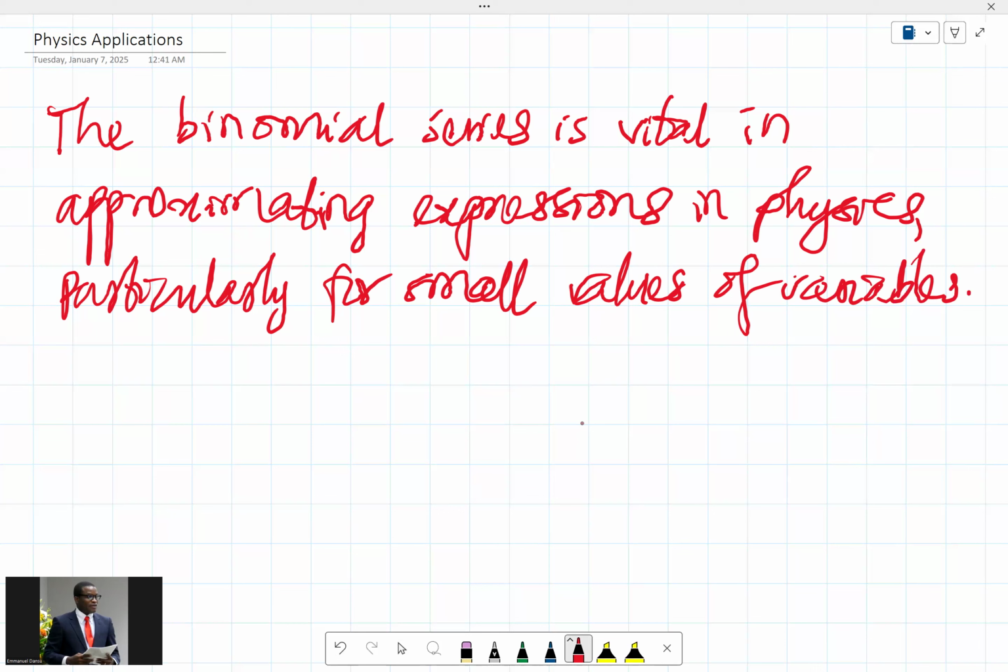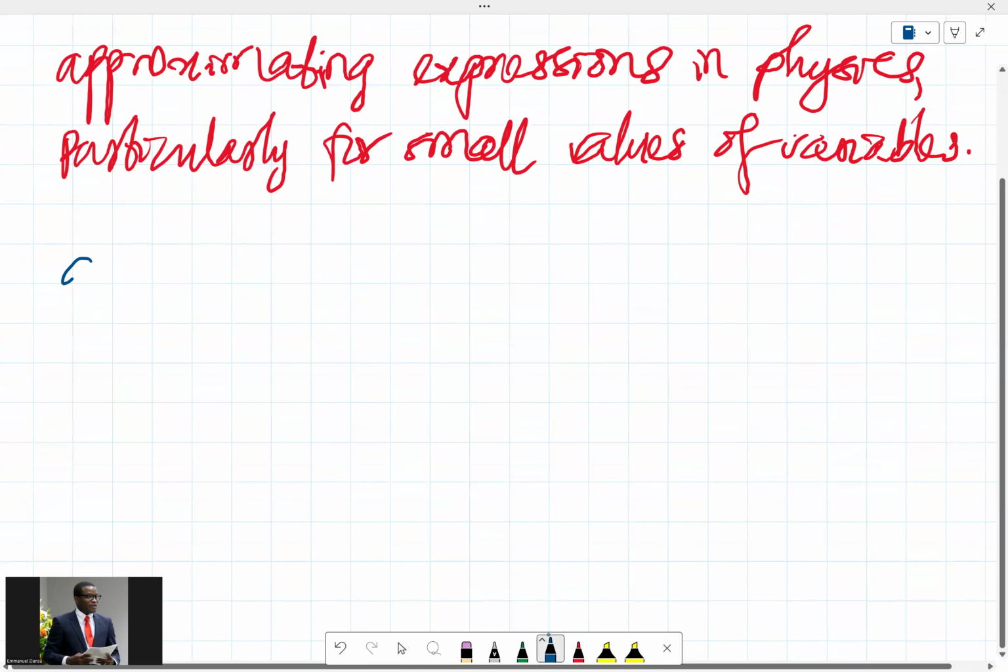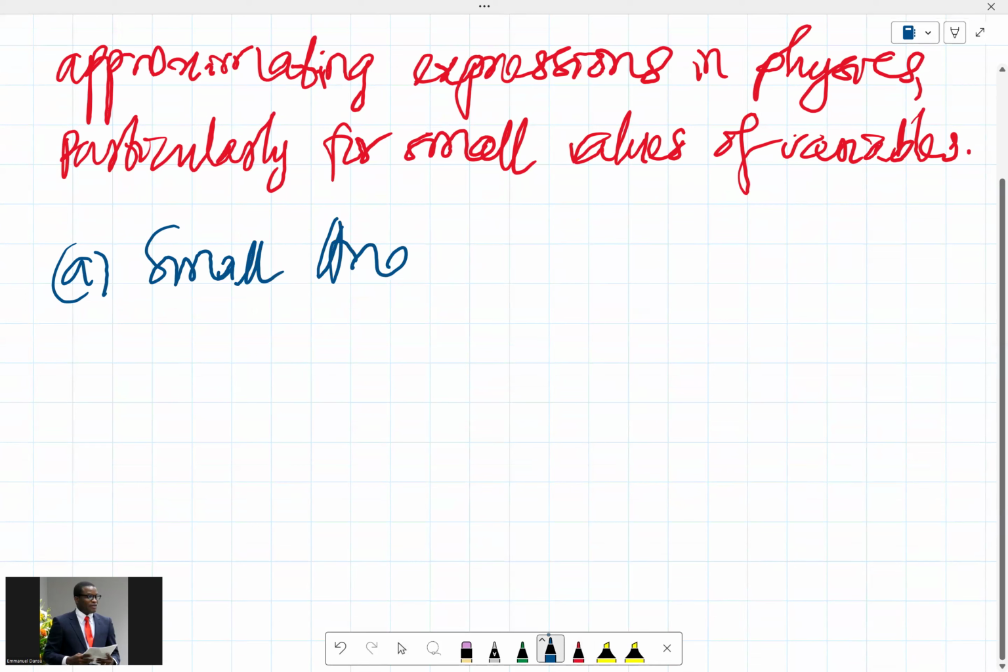The first thing we'll be looking at here is the idea of small angle approximations.